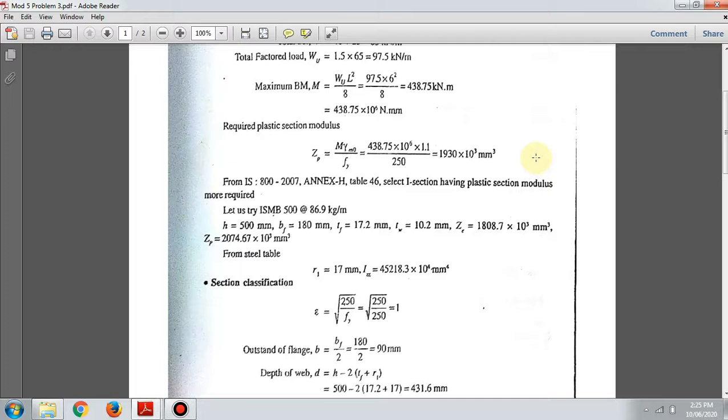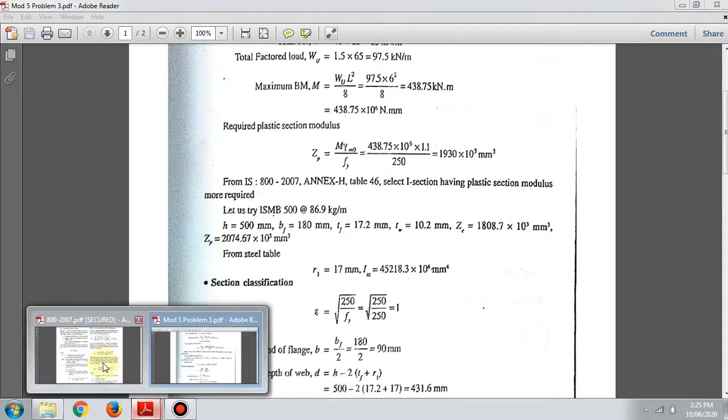Since this is a design problem, we assume the section as plastic, so I'll take beta b as 1. So Zp is equal to moment into gamma m0 divided by Fy, and with this formula I'll calculate Zp.